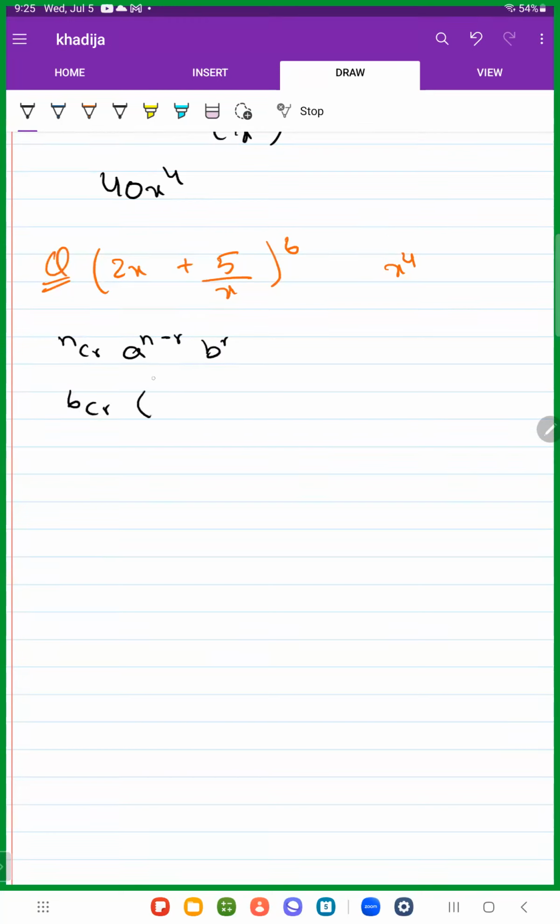My A is 2x, so 6 minus r, B to the power r, which is 5 upon x, sorry, B is 5x to the power minus 1, r. Now again you have 6 minus r and this will be minus r because the power of x is minus 1. And this should be equal to 4.